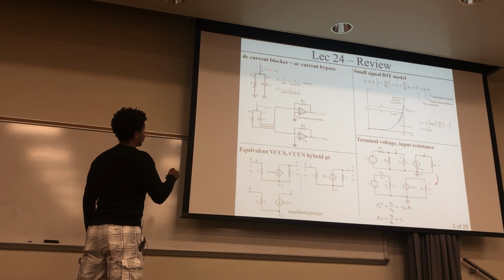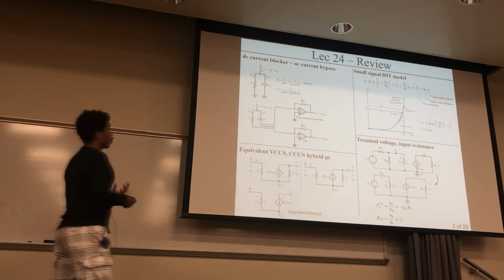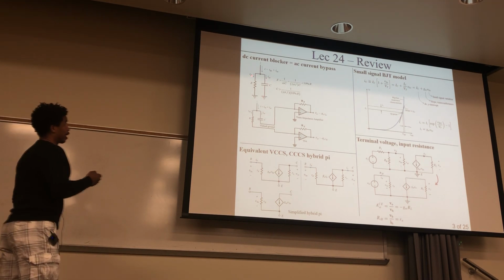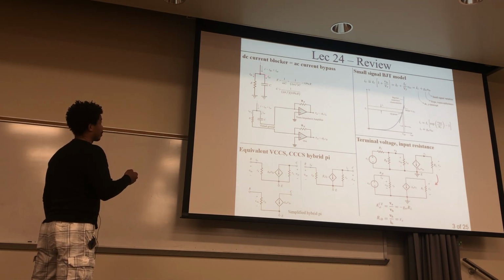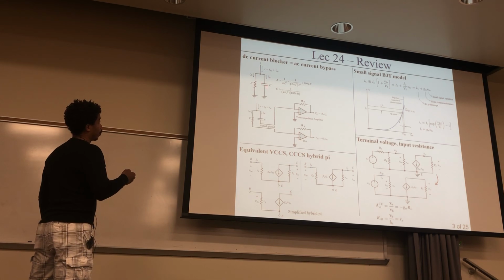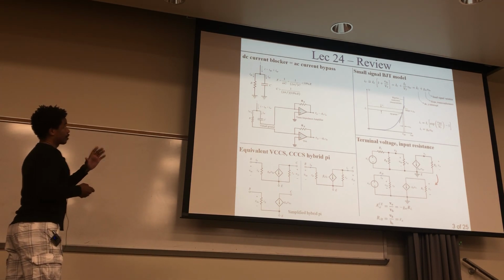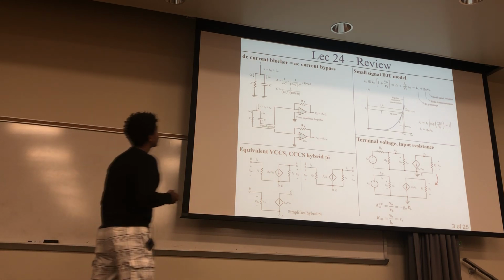So your total current, your DC plus your AC, splits up right here, where the DC goes this direction and the AC goes that direction once you get to steady state. Of course, when you're building up to the steady state, the DC right here is going both directions, until that is saturated totally with the voltage, which is C times the derivative of voltage.